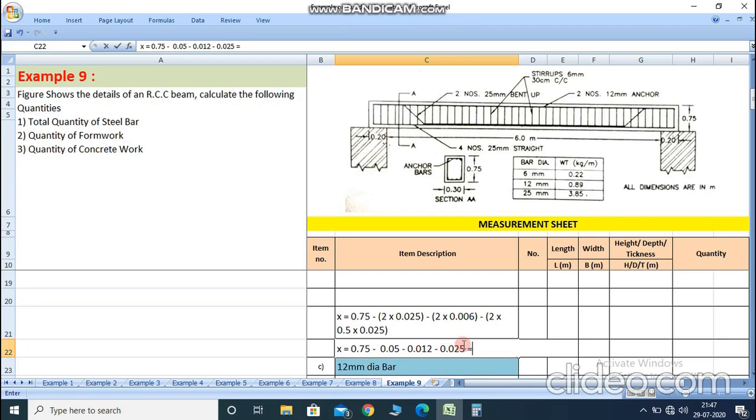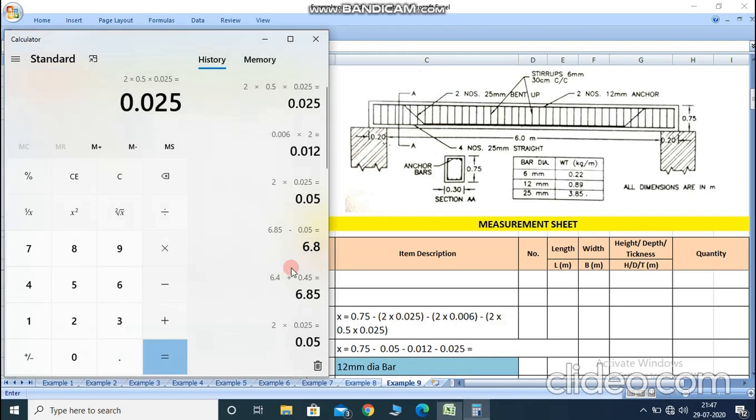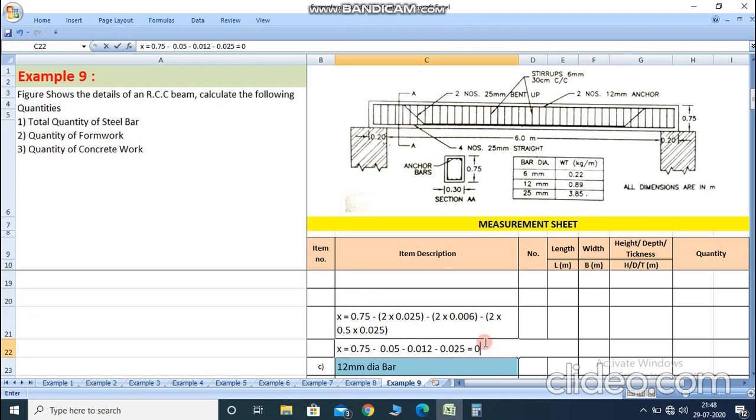Clear? So the total is 0.75 minus 0.05 minus 0.012 minus 0.025. So the x value we got is 0.663. So 0.663 meter.